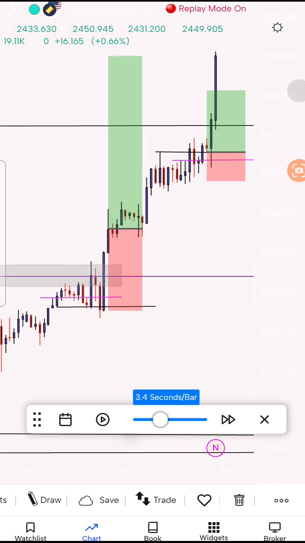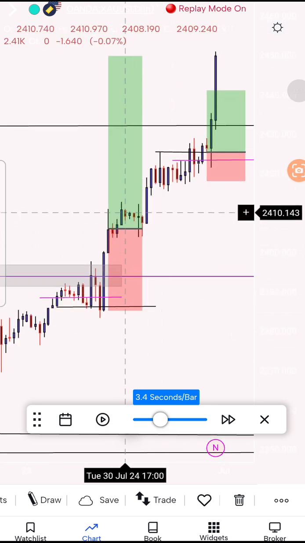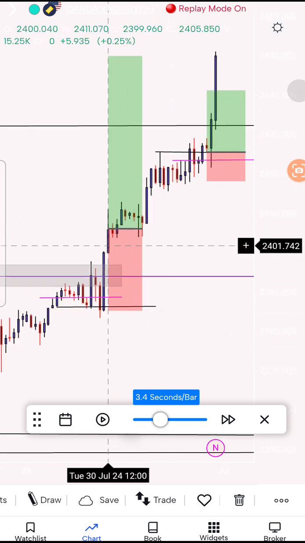So these are the ideal conditions to be trading in when the market has already confirmed, and it's always easy to trade in those conditions.